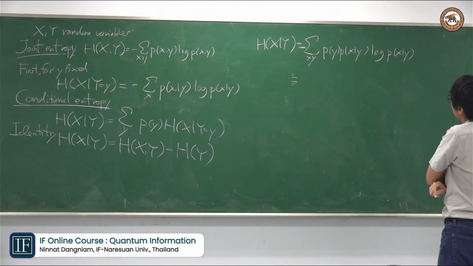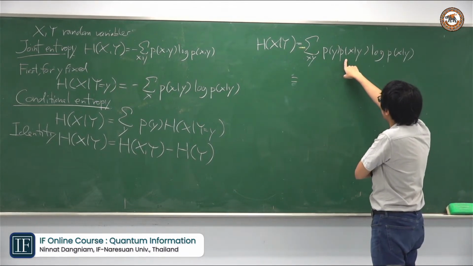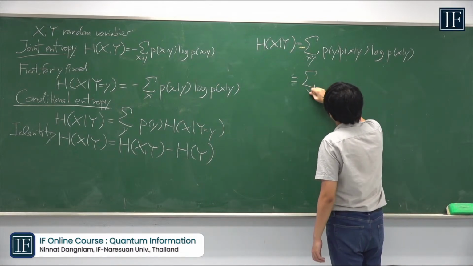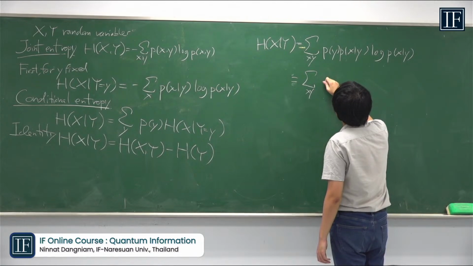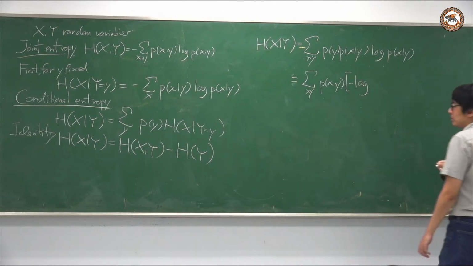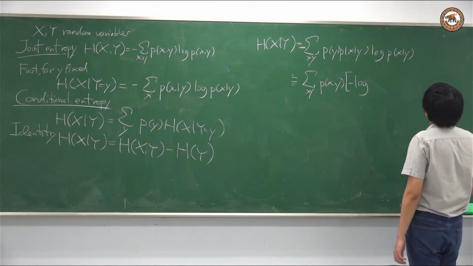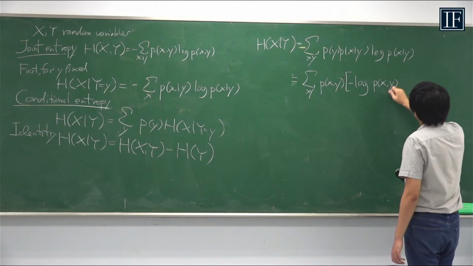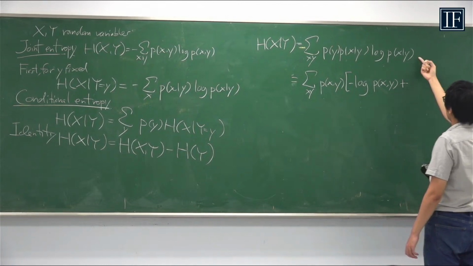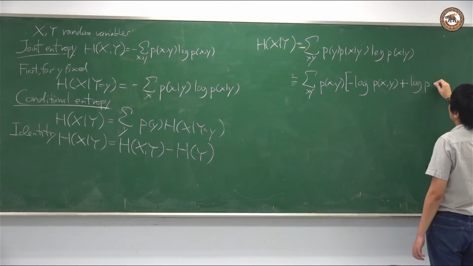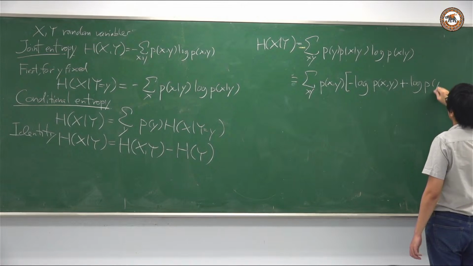Now this combines into the joint probabilities. And then I can split this log into the log of the joint probability and then minus, which turns into plus, the log of P of y, right?